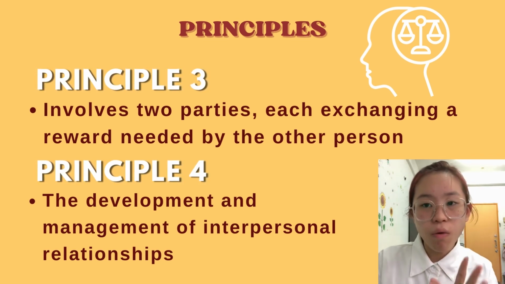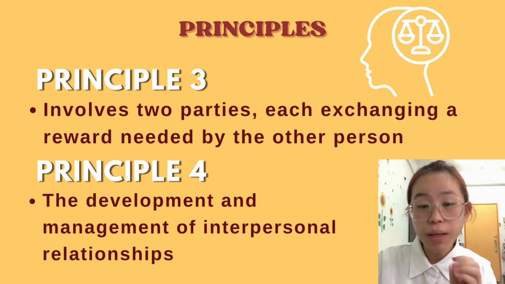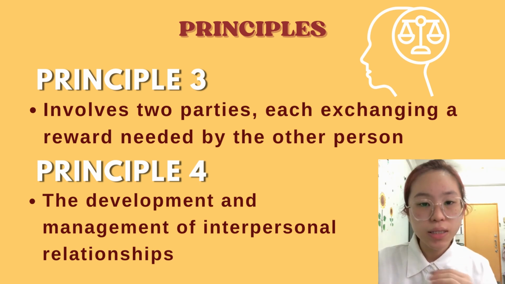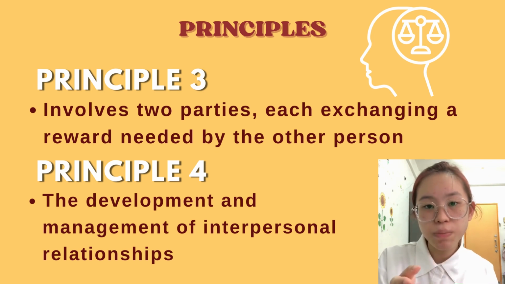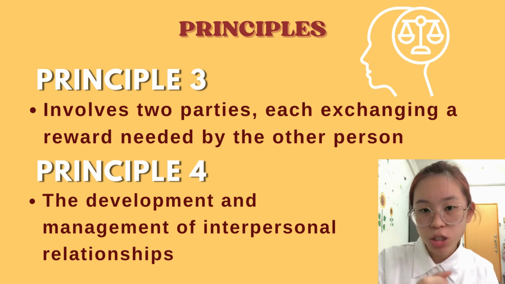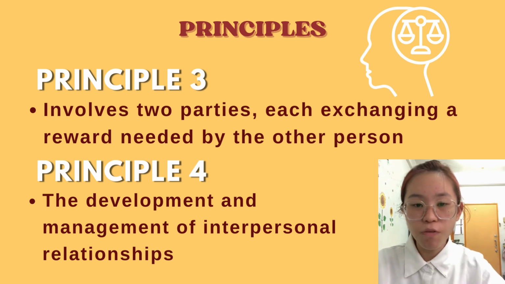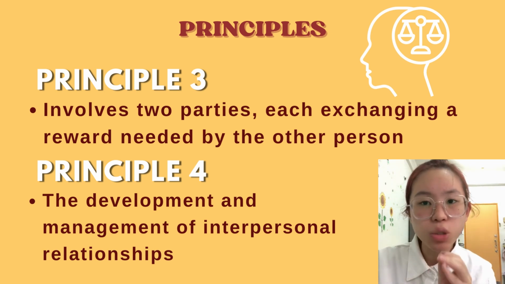In order to get a reward, people must exchange something better. This was said by Burns in 1973, who is another sociologist after the founder George Homans, and this also creates interdependent relationships too.